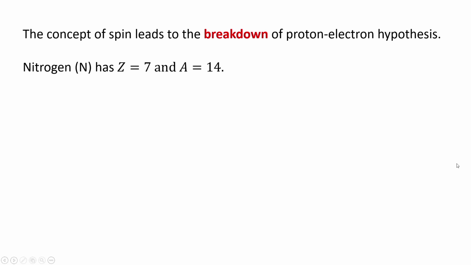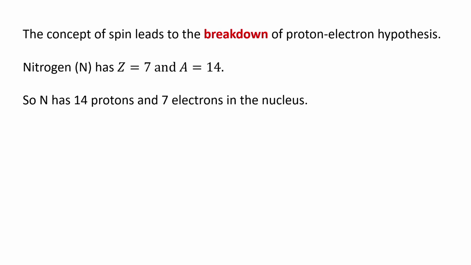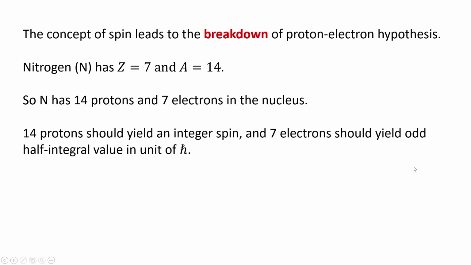So, it has 14 protons and 7 electrons in the nucleus, so the nuclear spin should be a half integer. Yet it should actually be an integer, not a half integer, because there are 14 protons. Now, we have given up that. So, we are still in that picture where the nucleus has protons and electrons.